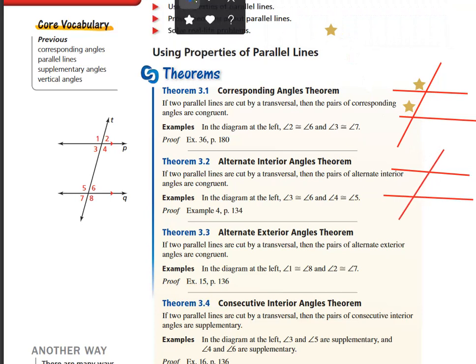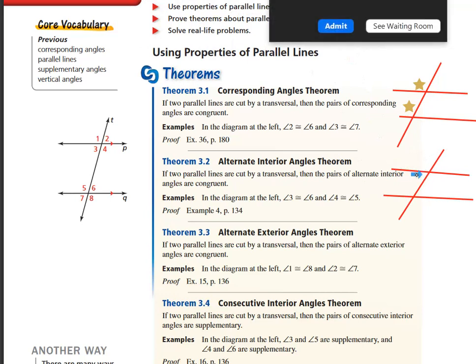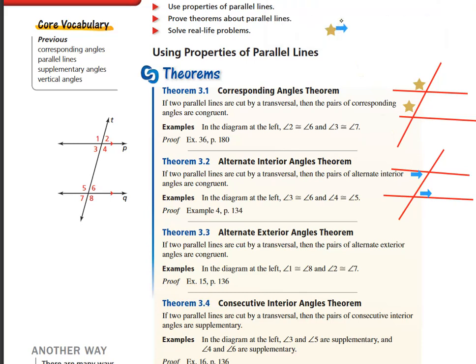Alternate interior are on the inside, but on opposite sides of the transversal. So in this drawing over here, 3 and 6 are alternate interior, so are 4 and 5.